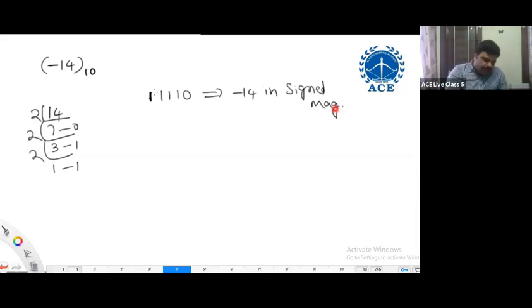In such cases, what should I do? MSB is 1. Yes, correct, because the number should be negative. What is the magnitude? 14. How many bits do I need to use for magnitude? 7 bits. Actually it requires only 4 bits for magnitude, but I need to represent the same magnitude with 7 bits. Then what should I do?